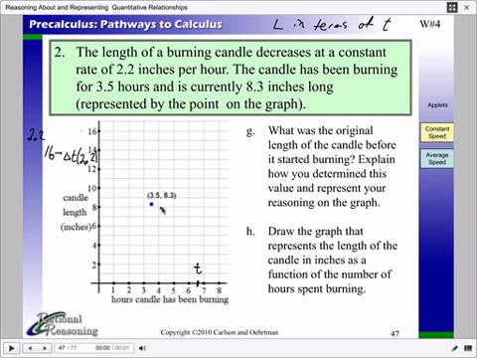Starting at 3.5, 8.3, let's find the change in t to any time t. What would that be? The change in time would be t minus 3.5. What would the corresponding change in length be, since we have proportionality of the changes?